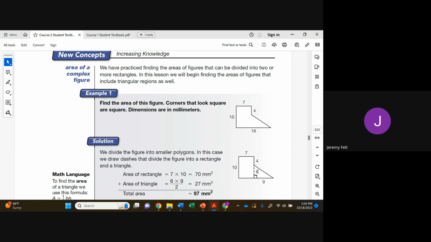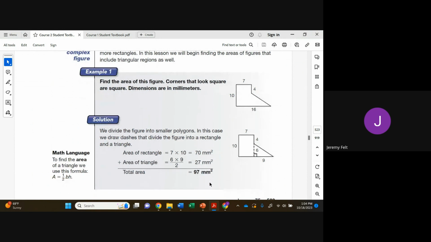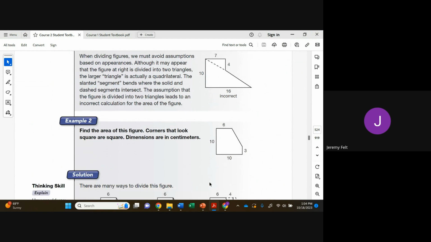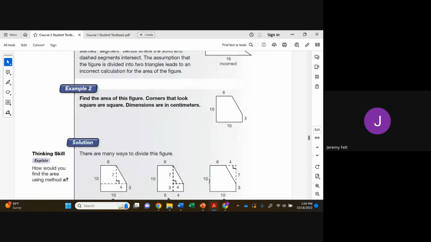So 9 times 6 divided by 2 is going to be 27. And then we add the areas of the 2 separate polygons together to get us the total area of the polygon, which is 97. And it was millimeters, so square millimeters. Again, we've done this in the past.